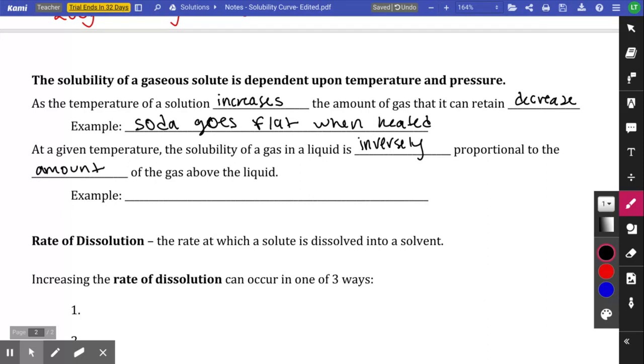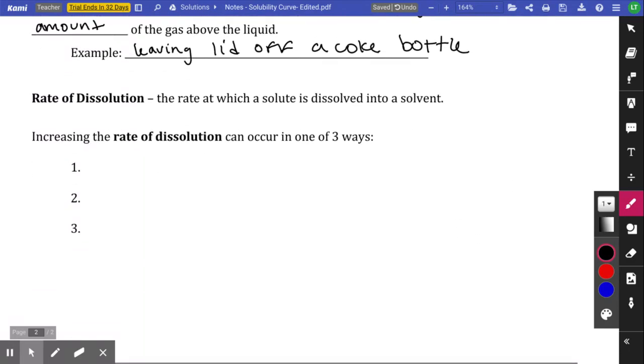I always think about this like if you leave the lid off on a Coke bottle, the solubility is going to decrease. And eventually your Coke is going to go flat. So like leaving the lid off of a Coke. Because you're releasing that gas that was above the Coke bottle, the vapor pressure that's there, it's going to be able to undissolve, because the less gas you have up there, the less solubility you have, the less pressure.